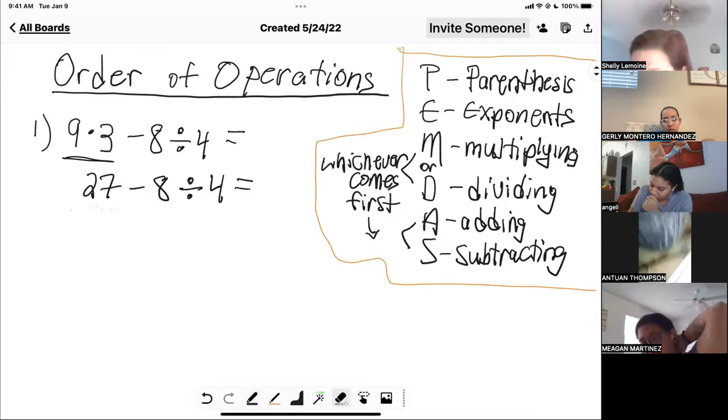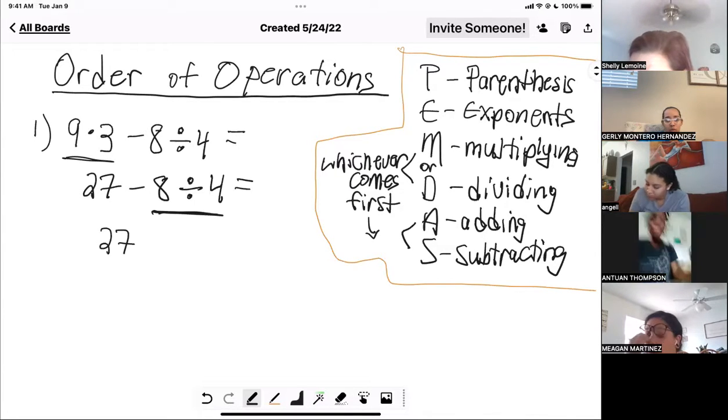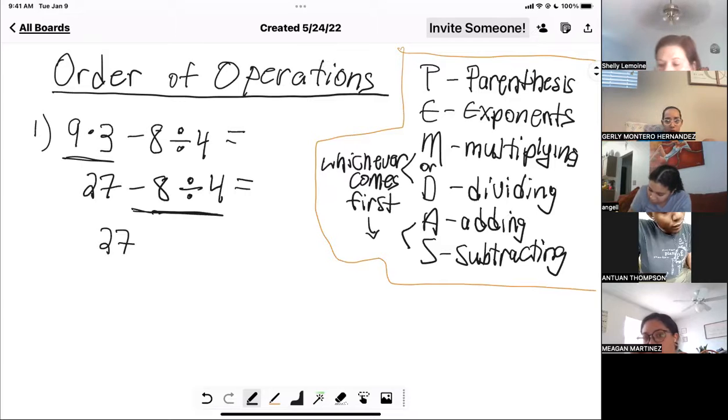So you have to, again, relook at what you have. If I go left to right, I have dividing. That has to be next. So 27. Now, it really is -8 divided by 4. If you can, in your mind, always think minus is a negative.